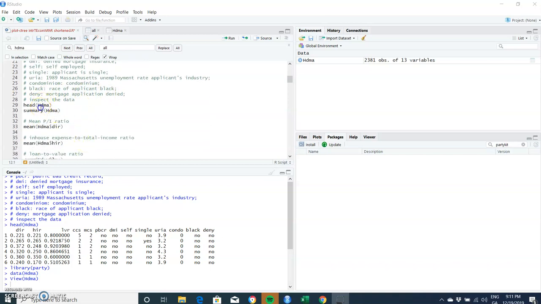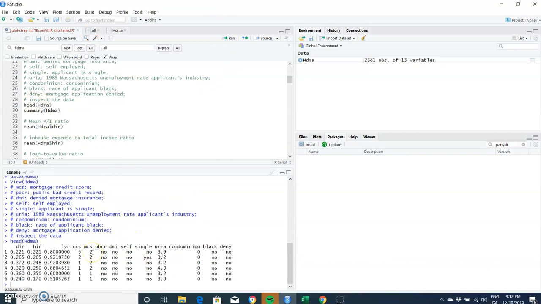So we can take a quick look. If we run head(HMDA), then we get this output, and again we could look at this in terms of the RStudio viewer. When we look here at black, we either have no or yes.